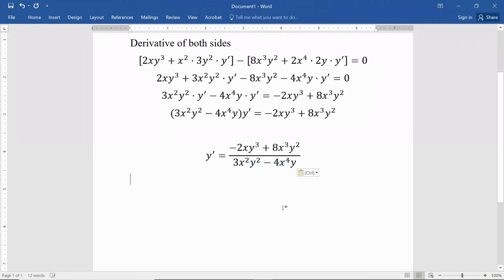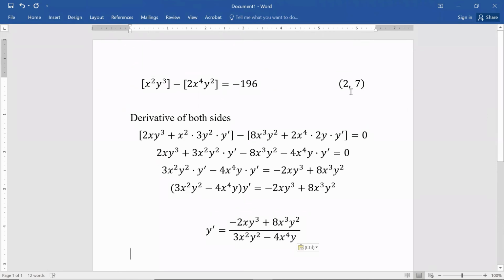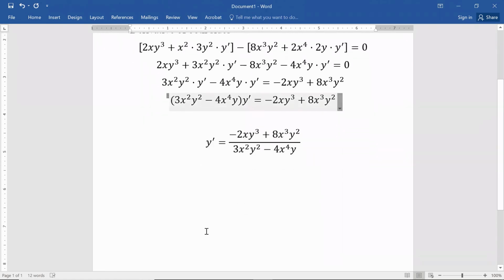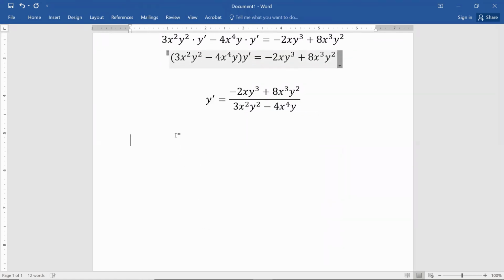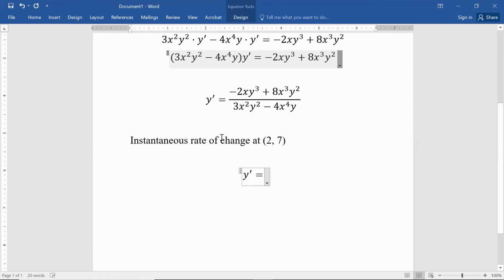Remember, we were trying to find the tangent line at the point 2,7. So first, let's look at the instantaneous rate of change at the point 2,7. This means I just plug in a 2 every time I see an x and a 7 every time I see a y.